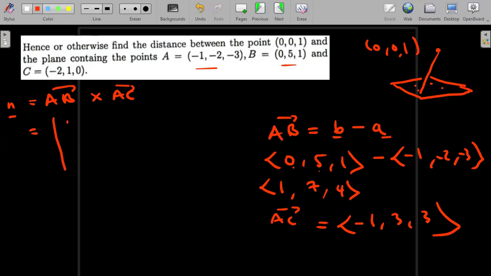So you put i, j, and k, to denote unit vectors. Then you put in the first vector, which is 1, 7, and 4. Then you have -1, 3, and 3.